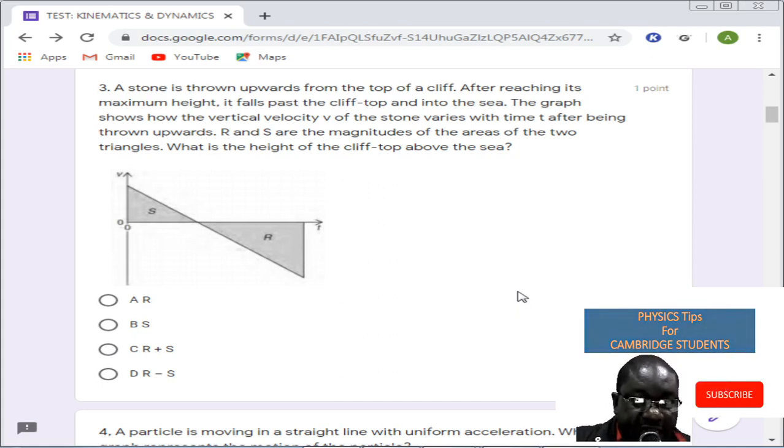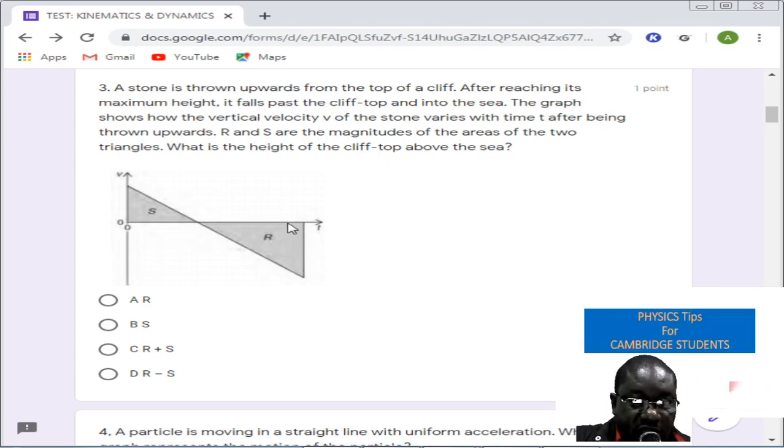Right, so let's analyze the graph that is given here. This stone starts off, it's given an initial speed of v as shown there. So this v comes to 0 at the maximum height. When it is thrown up the cliff, it decelerates until it gets to the maximum height there, and then starts to fall down.